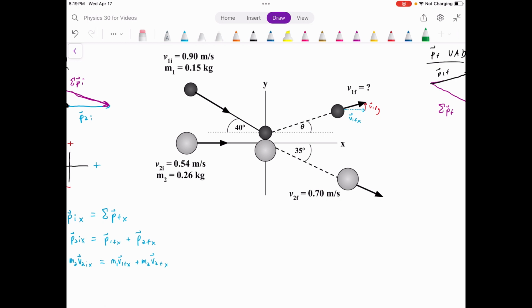So essentially, I think of it like we're trying to build this triangle, right? We'll find the x component by figuring out what it would need to be for momentum to be conserved horizontally. We'll find the y component by figuring out what it would need to be for momentum to be conserved vertically. Then we can use Pythagorean to get the magnitude, and SOHCAHTOA, trigonometry, to get the direction, the angle, okay?